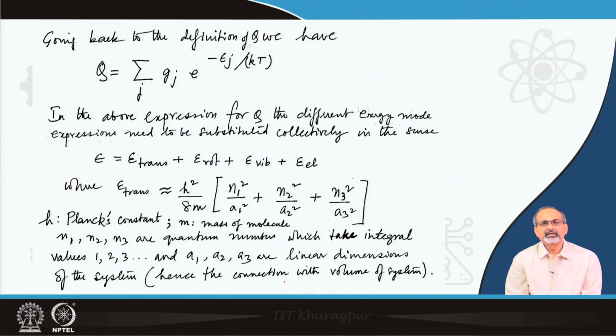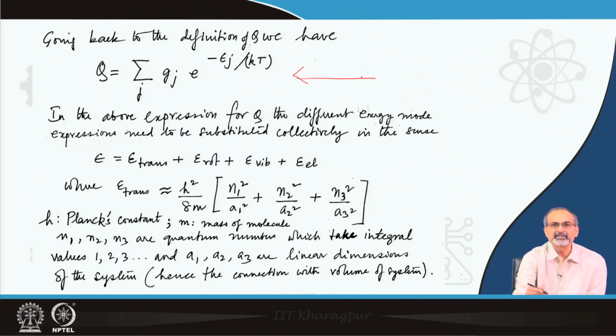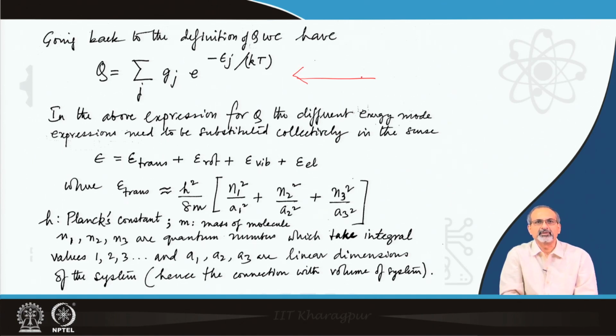We will go back to the definition of the partition function once again, just to revisit it and go a little deeper into the building blocks. So, what is Q comprised of? It is comprised of expressions of this kind: g_j e to the power of minus ε_j by kT, and these have been summed up over all the energy levels which are available.